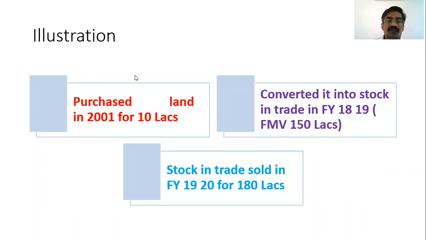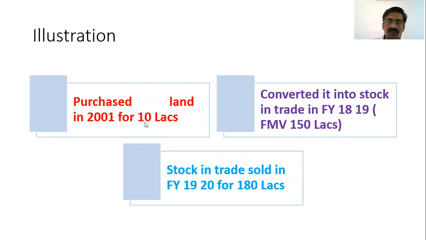Capital gains will be calculated on the basis of the difference between the fair market value and the cost. The difference between sale price and fair market value, that is 180 minus 150, will be considered as business income. This minus this will be capital gains. But in capital gains, we need to bifurcate the capital gains into short term and long term. If it is a long term capital gain, you are eligible for indexation. That's where the question arises.